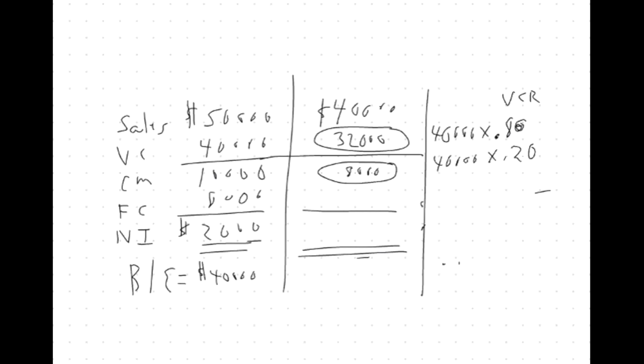How much is my fixed cost when my sales are 40,000? $8,000. And therefore my net income is zero, and I did it correctly.